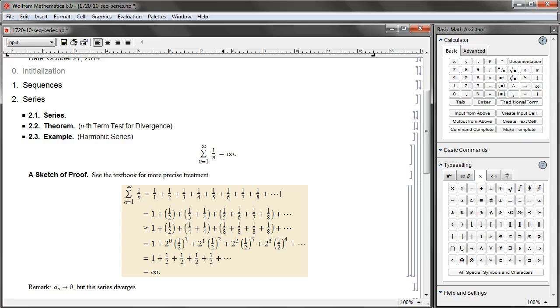In general, you group 2 to the n minus first power of numbers in a group, where the smallest number is 1 over 2 to the nth power.